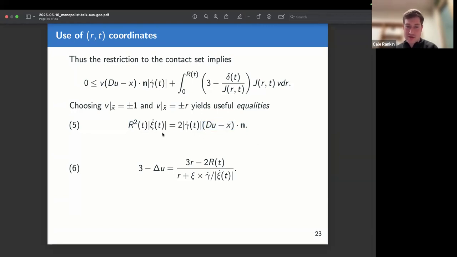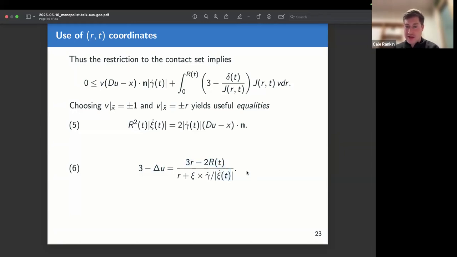R squared of t is equal to some quantities defining our parameterization times the boundary data, Du minus x. And this second equation, which I call the Euler-Lagrange equation for the function, is 3 minus Laplacian u is equal to 3 r minus 2 R of t.